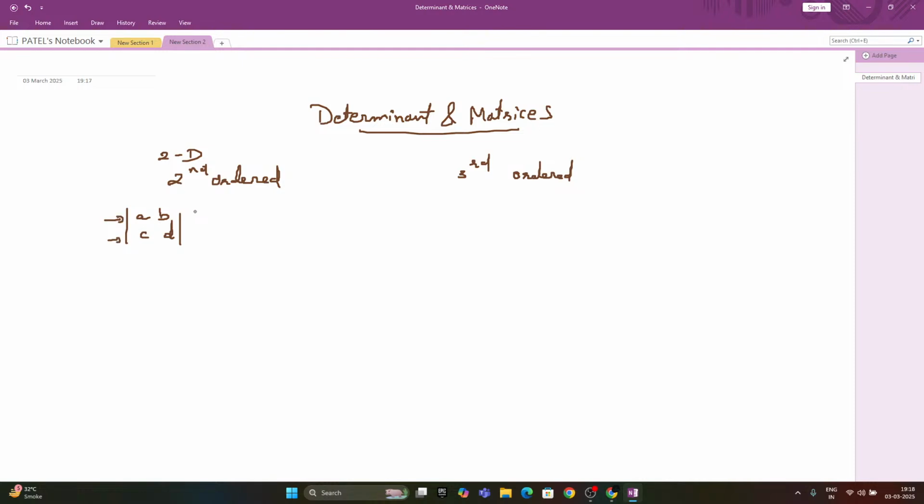Here, second order means first row, second row, and first column, second column. So we have two rows and two columns. That's why it is called second order. Suppose we have three rows and three columns. So that's why it is a third order. So determinant is always in a square form. Square means equal number of rows and equal number of columns.